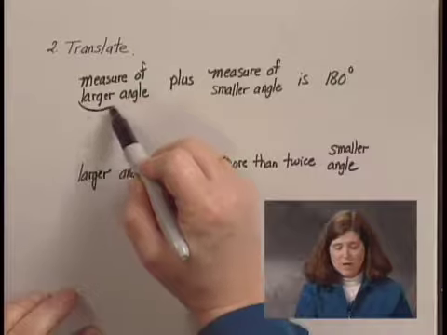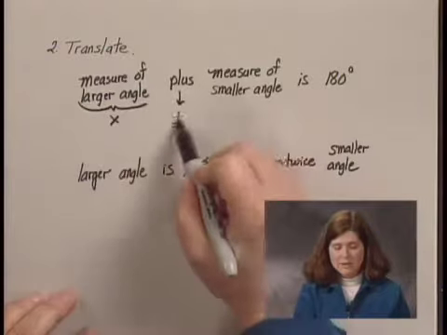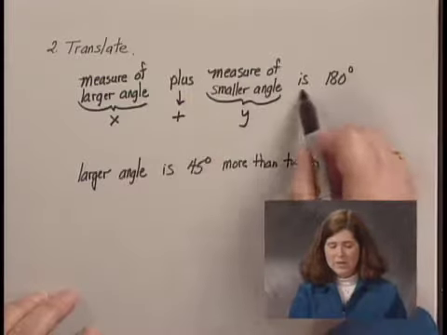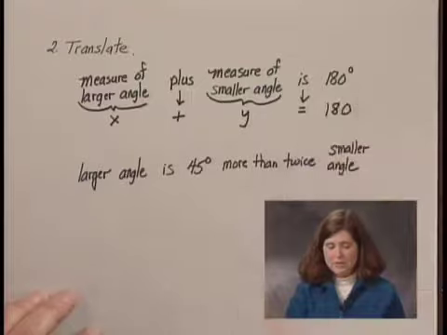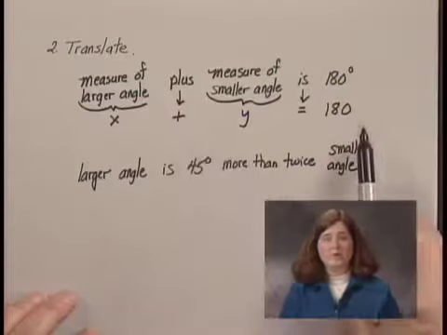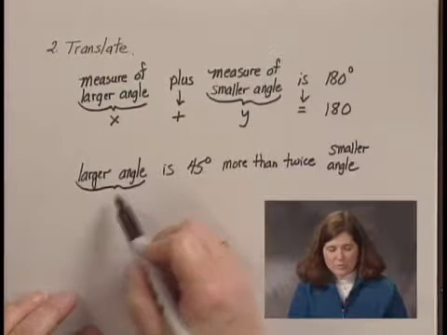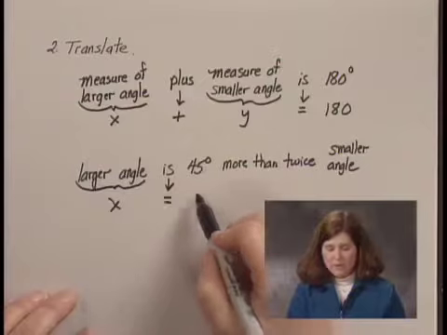The measure of the larger angle we called x plus the measure of the smaller angle we called y translates to equals, and I have 180. So I have one equation using x and y. The measure of the larger angle we called x translates to equals.